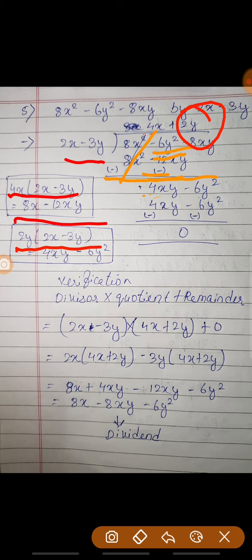When 2y is multiplied with 2x, we get 4xy, and when 2y is multiplied with minus 3y, we get 6y square. So we write 4xy minus 6y square, and the minus sign is multiplied in both, so this part is eliminated and this is also eliminated. So we got the remainder equal to 0.